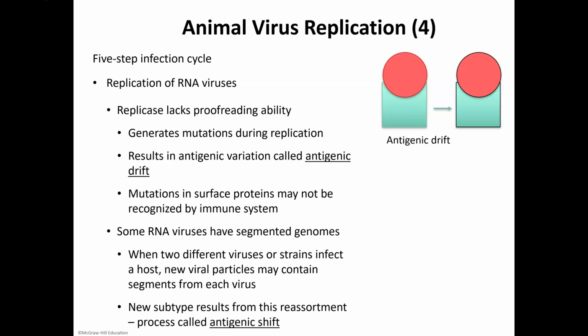And this can actually lead to a process known as antigenic variation or antigenic drift. Antigenic drift occurs when the structure of the antigen or the surface proteins changes slightly.